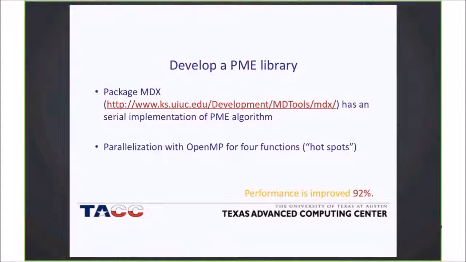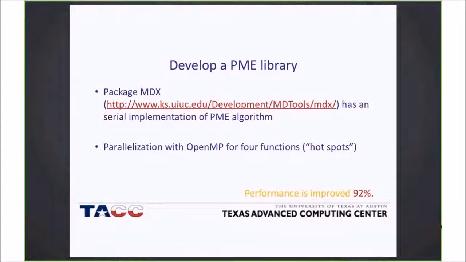The implementation of PME code is not trivial at all. So I started with a serial version of the PME code from the package named MDX, developed by Klaus Schulten's group at UIUC, as it is using the same algorithm that's used in NAMD.